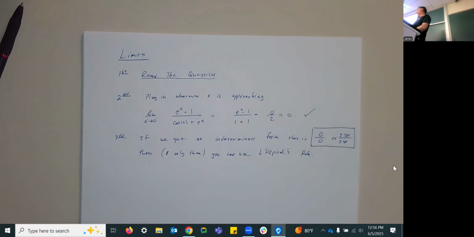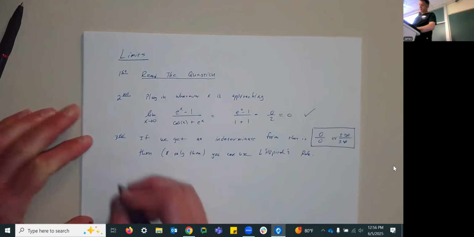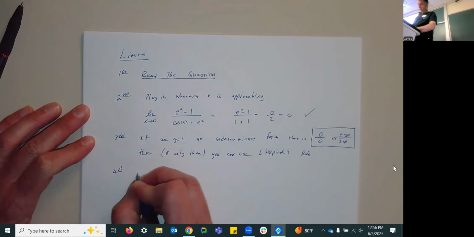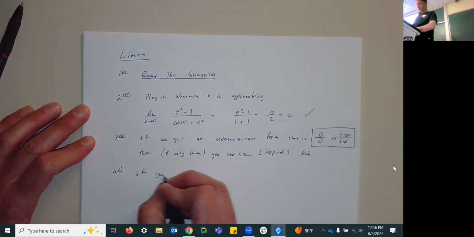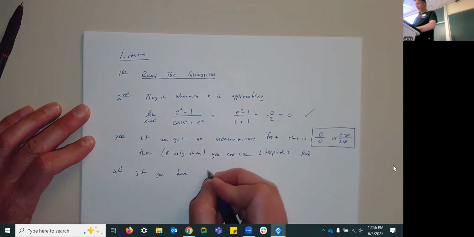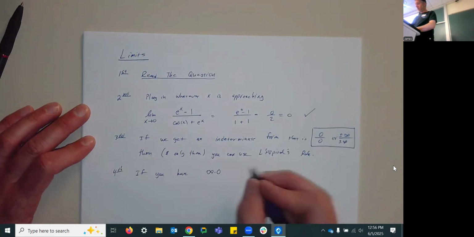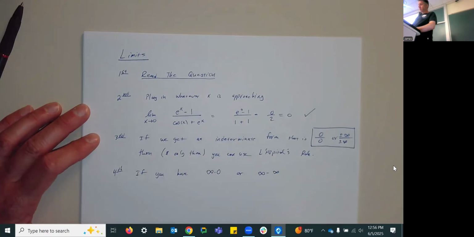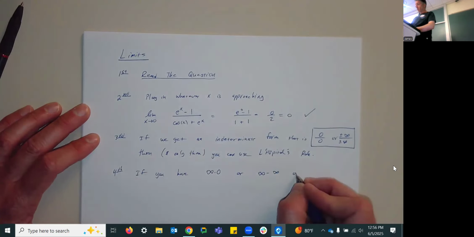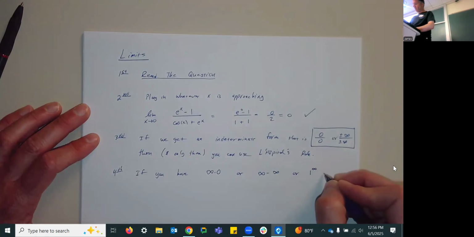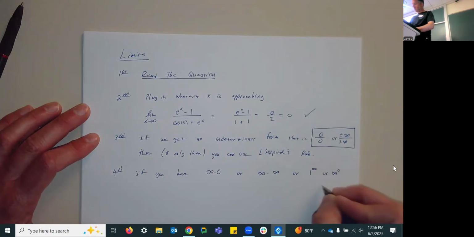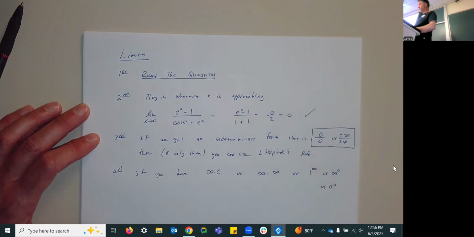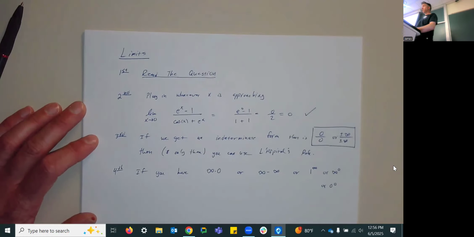And then if you have one of the other indeterminate forms, something like an infinity times a zero, or an infinity minus infinity, or a 1 to an infinity, or an infinity to a 0, or a 0 to a 0, you have to do some rewriting.